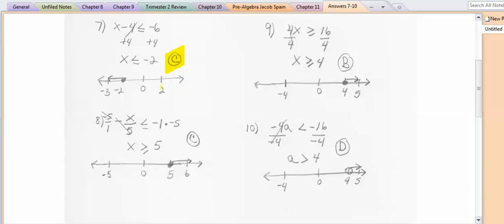Number 8, we're going to multiply both sides by a -5. When you multiply or divide by a negative number, you flip the sign. Don't forget to do that. And your answer choice is C. Again, make sure your choice of your graph matches.